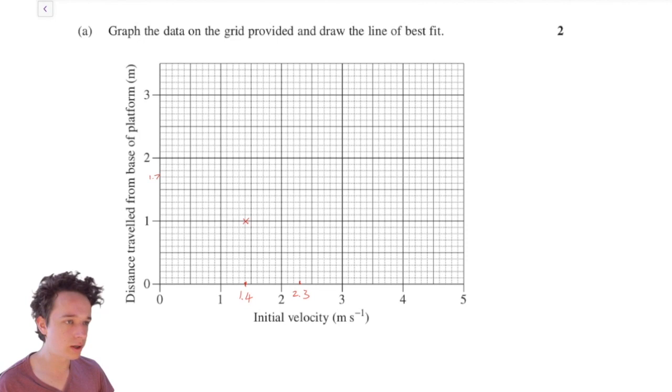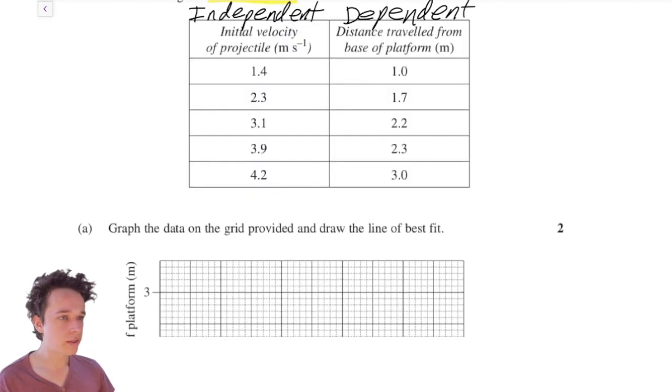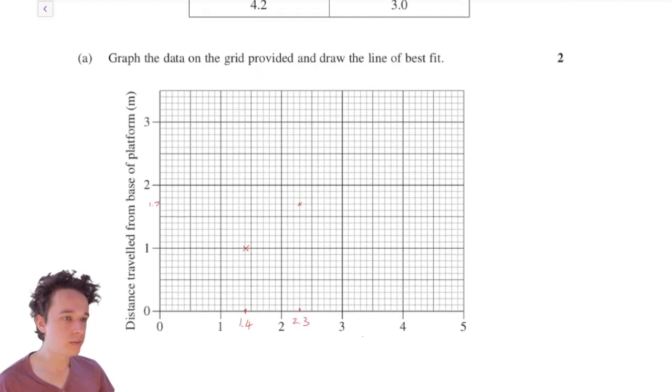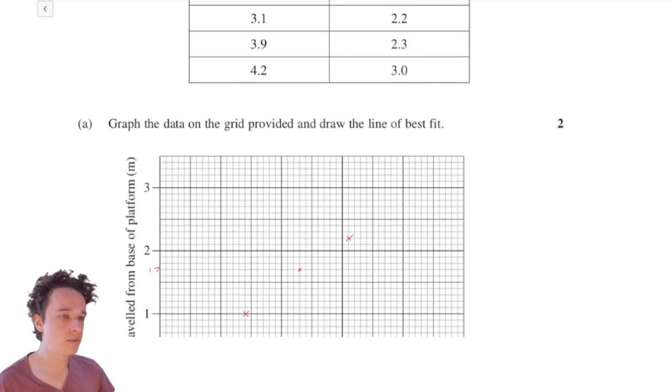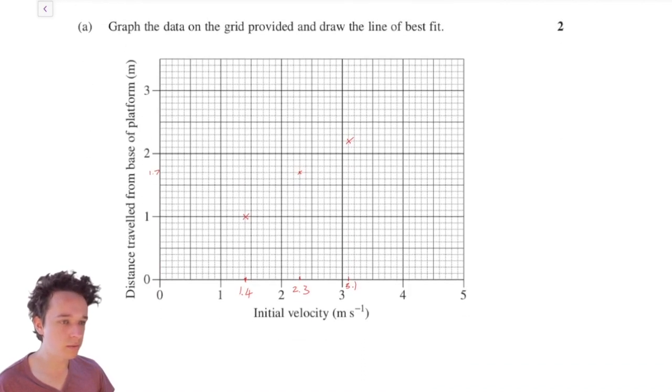So 2.3 lining up with 1.7 there. At 3.1, the distance traveled is 2.2. So at 3.1, which would be here, the distance traveled is 2.2, which would be here. At 3.9, it's 2.3, so 3.9 would be here.